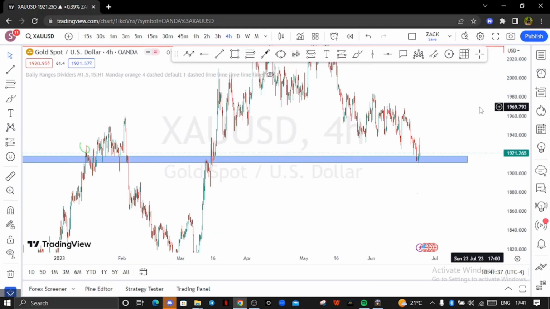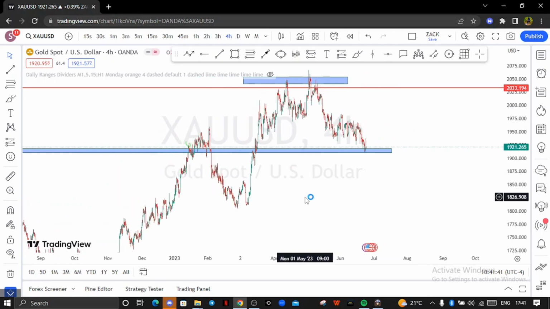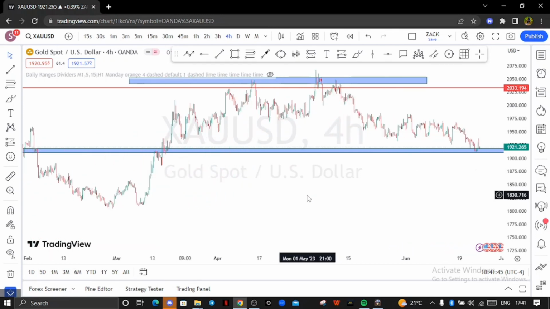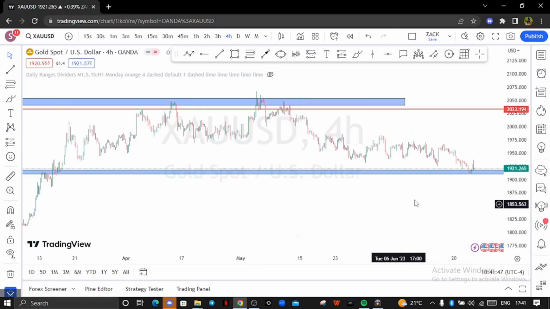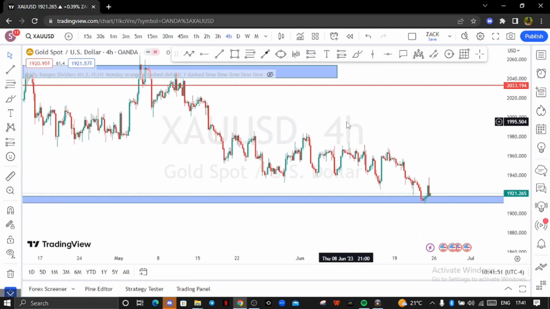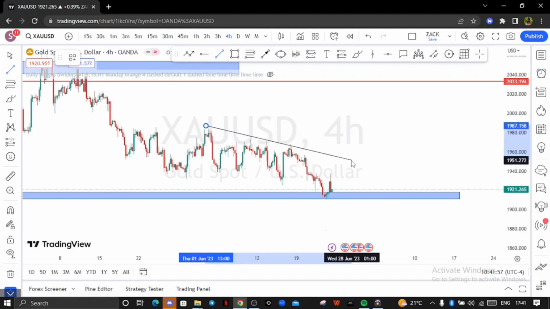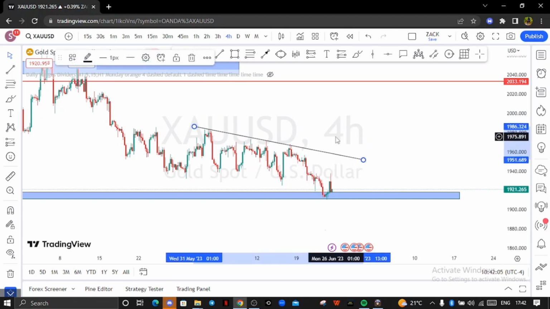All right. Now from the H4 perspective, we see we had some sort of a support structure. So I want to be seeing the market drop to the downside, but let me see first. Yeah guys, we definitely have our touches here.